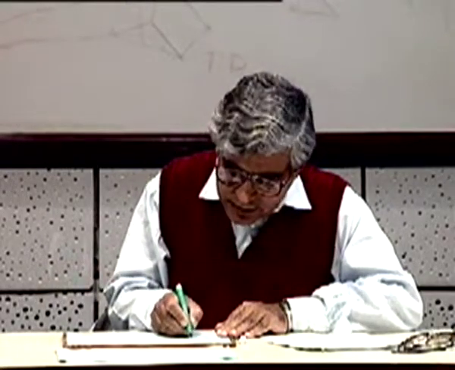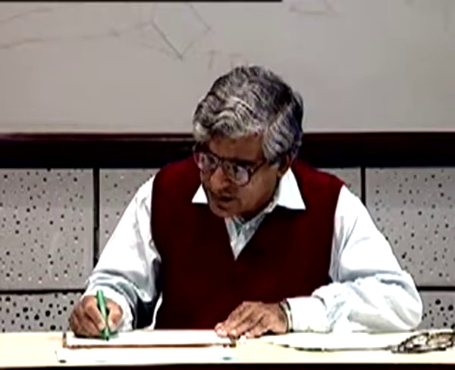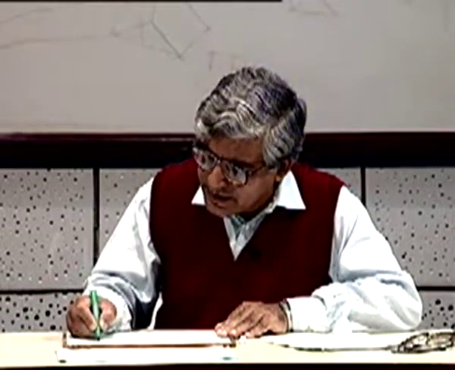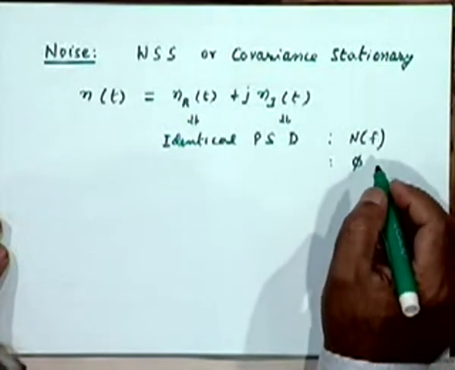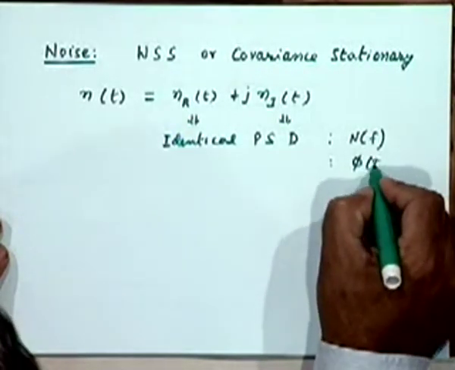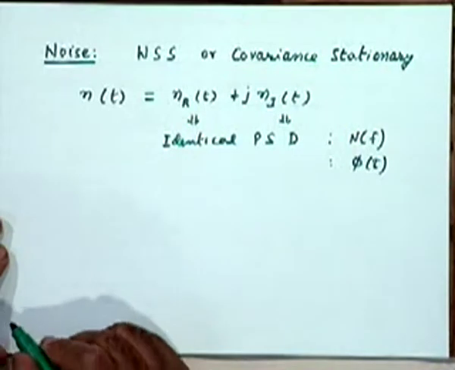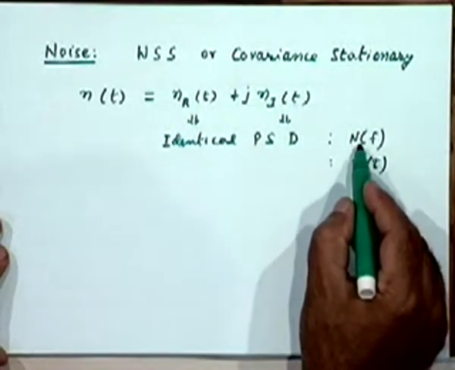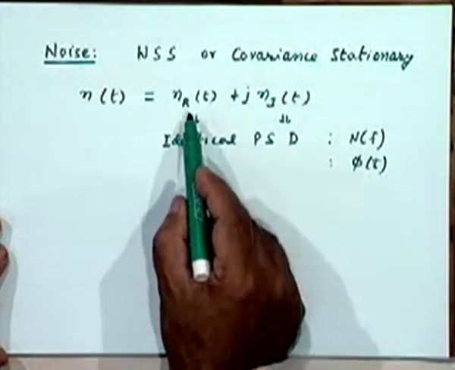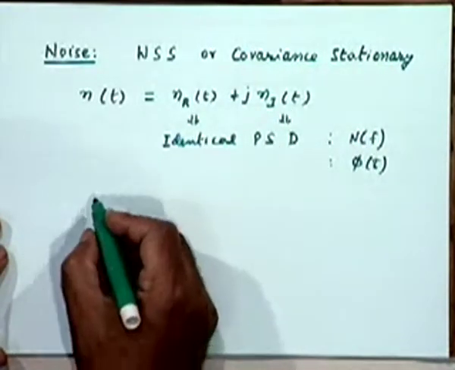We could also talk about the autocorrelation function of this process, and since they have identical power spectral characteristics, obviously they will have identical autocorrelation functions. Let us denote that by phi(tau). So, this is the autocorrelation function, and this is the power spectral density function for each of these two components.